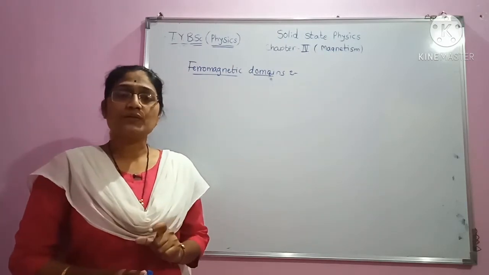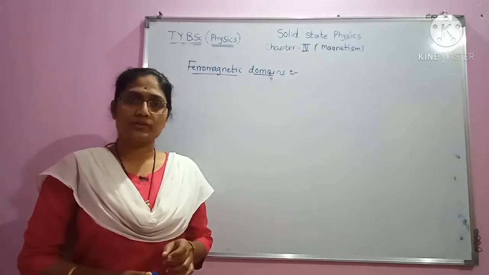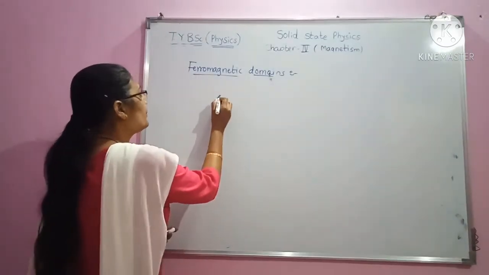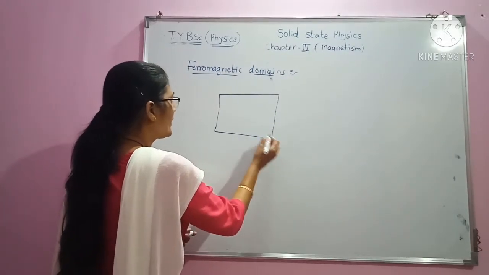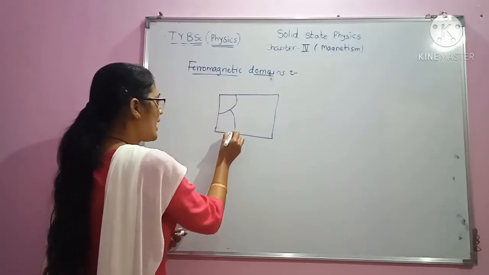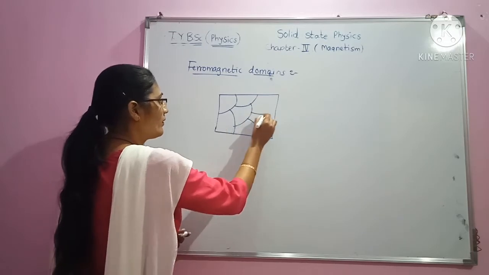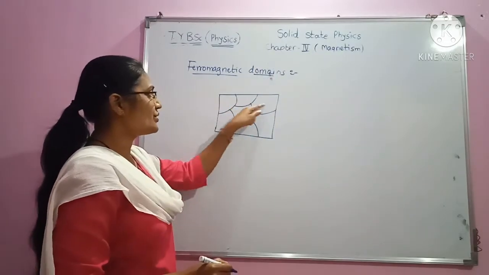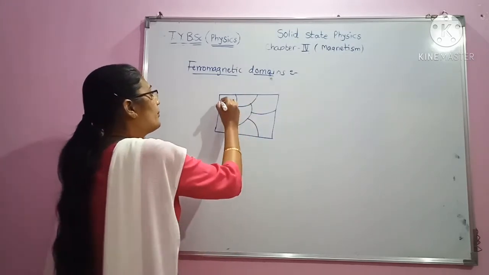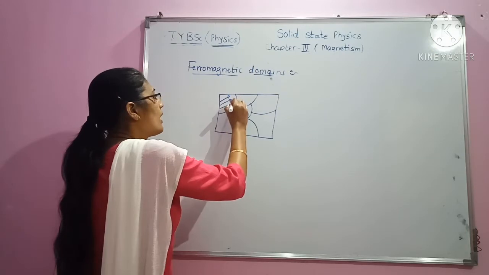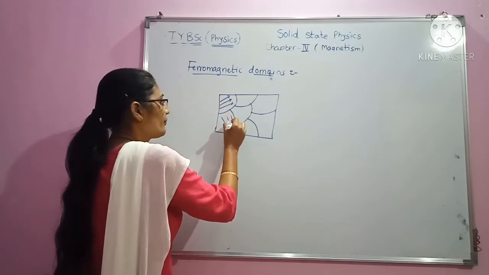In case of ferromagnetic materials, this material consists of dipole moments, and there are regions, as shown in the figure. Each region is called a domain, and in this domain the magnetic dipoles are organized in this way.